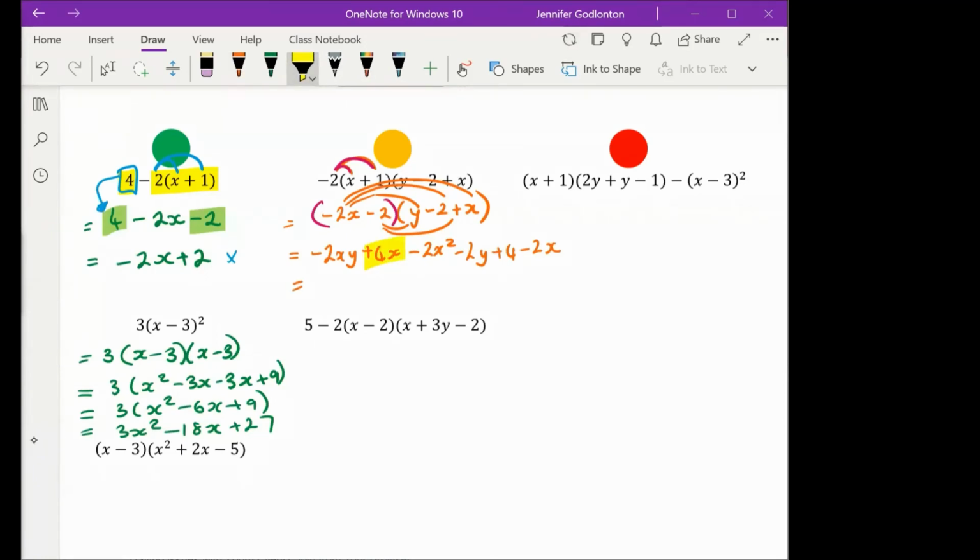I got these guys. Okay. Final answer? Minus 2yx. Positive 2x. Good. Minus 2x squared. Yes. Minus 2y. Yes. Plus 4. Yes. Nice. And I see some people had it in the chat, which is also awesome.